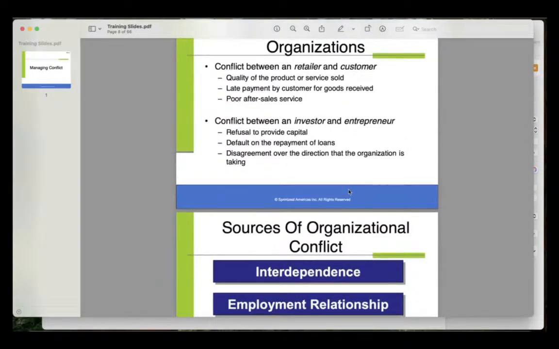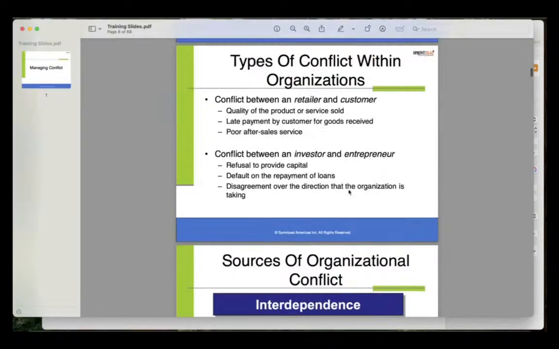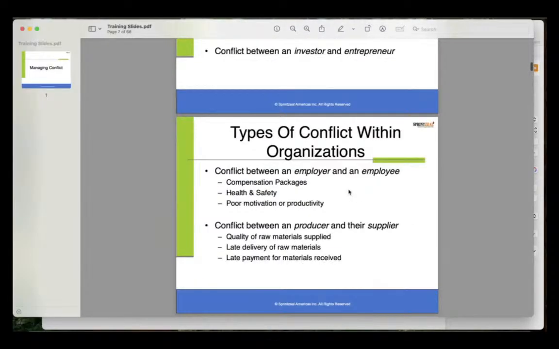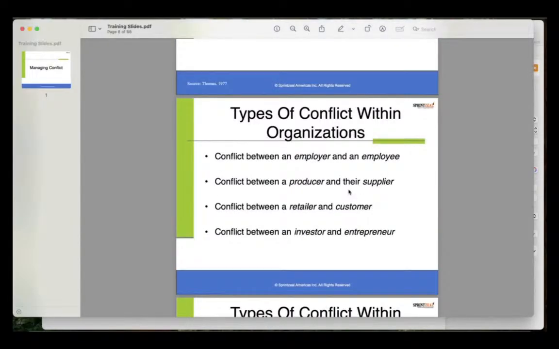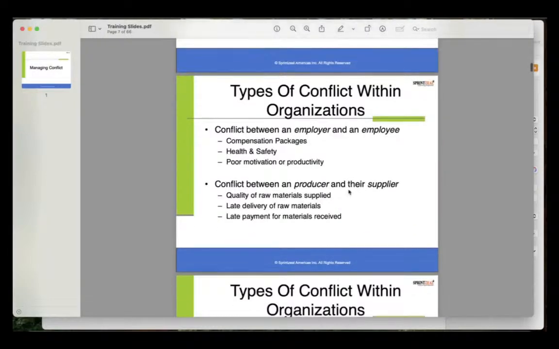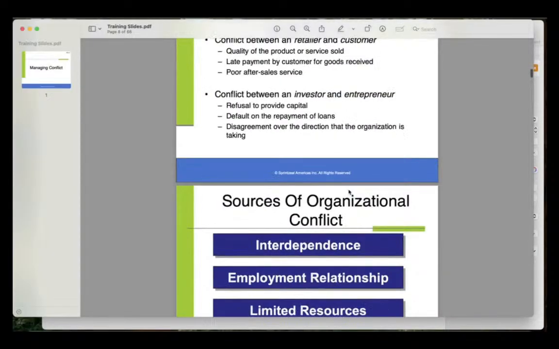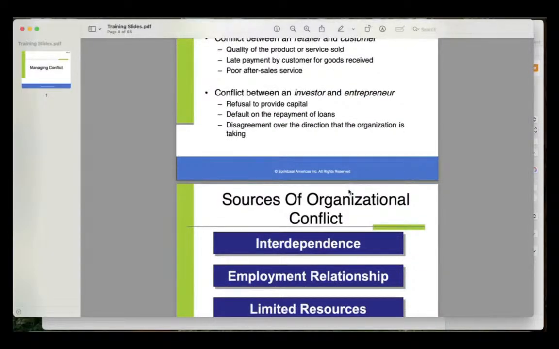Maybe what you can do is make a step by step process of the conflict resolution. It starts from identifying the type of conflict. So first step, identify the type of conflict. Next step, identify the source of organizational conflict.